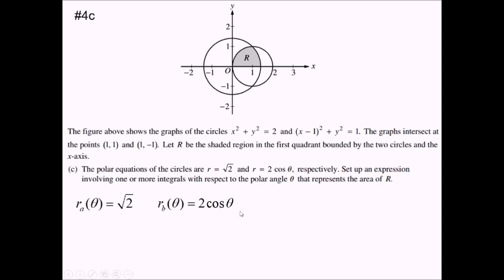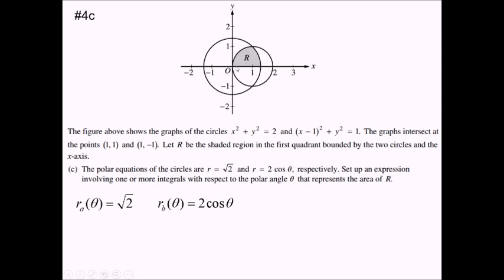So we want to set up an equation, of course, for the area here. Now, the way that we do this with polar coordinates, your area formula in general is the integral from a to b, which are both angles, of 1/2 r squared d theta. So these are the r's that are going to be squared inside those area formulas, but we need to find limits of integration. So we have to think of this in terms of radius strips coming out from the origin to the edge of the bounded region.